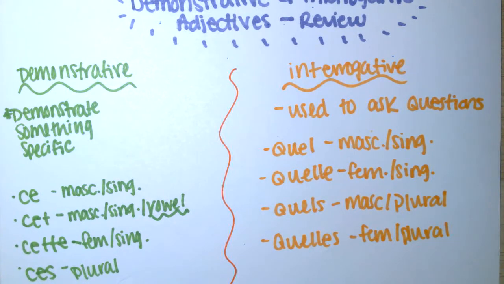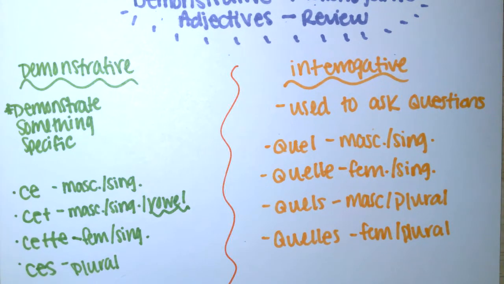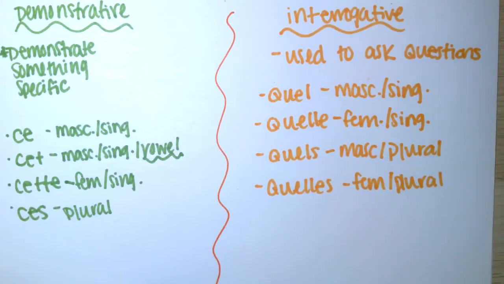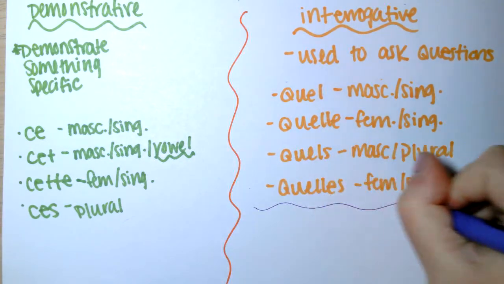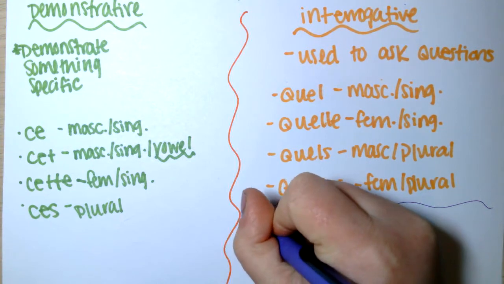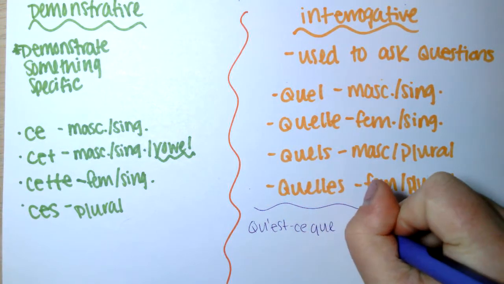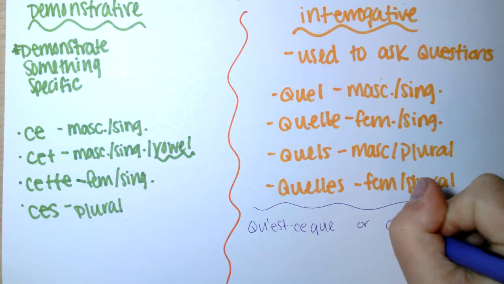One thing I do want to talk about is what's the difference when we need to use an interrogative adjective versus qu'est-ce que. So I'm going to move my paper up a little bit so you can see it. And so down here, we're just going to make note, qu'est-ce que or quel.